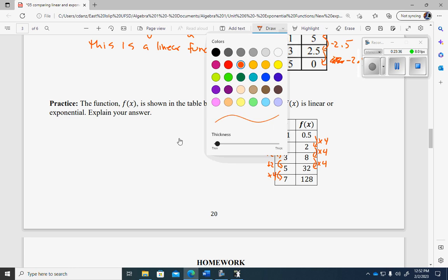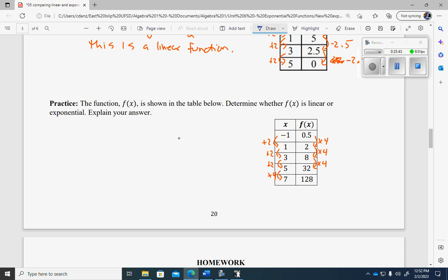Let me just change my color for a second. Because if they actually put the 0 in here and the 2 and the 4 and the 6, I would have to multiply by 2 to get a 1, multiply by 2 to get the 2, multiply by 2 to get a 4, multiply by 2 to get the 8.